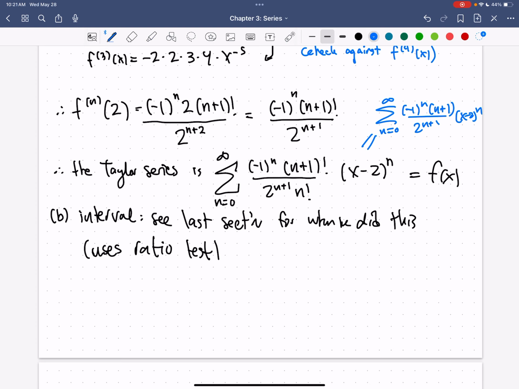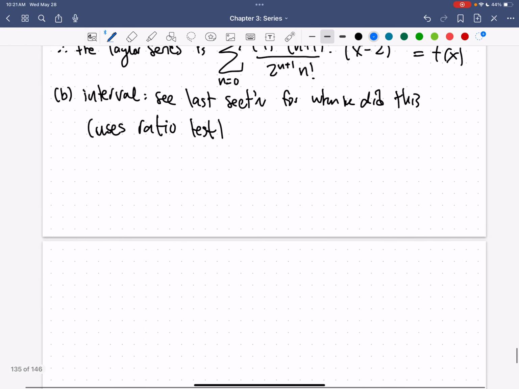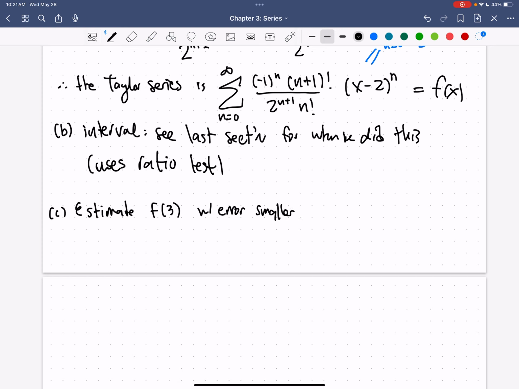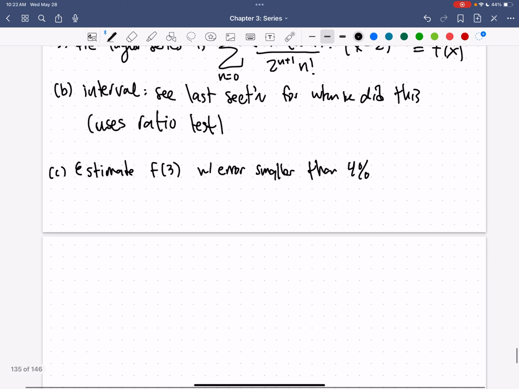Okay, so then we've got the estimation part. Here we're going to estimate f of 3 with error smaller than 4%. So let's actually find what f of 3 is using this series.